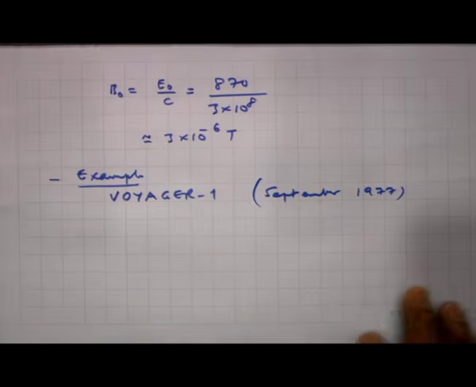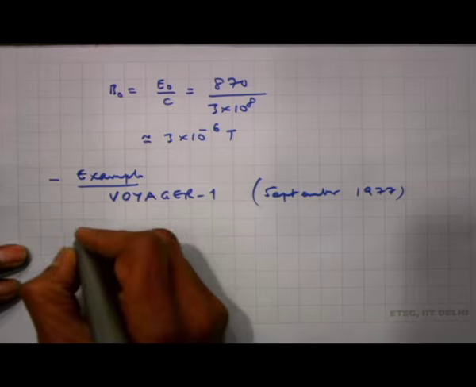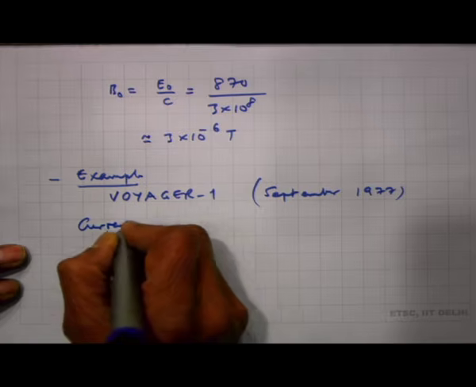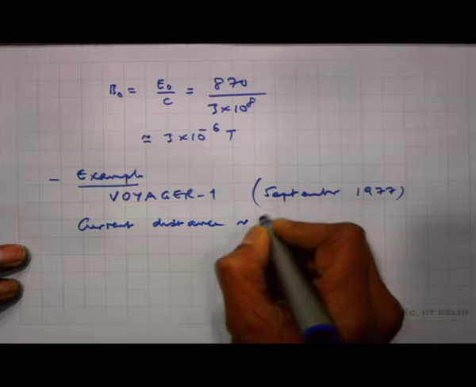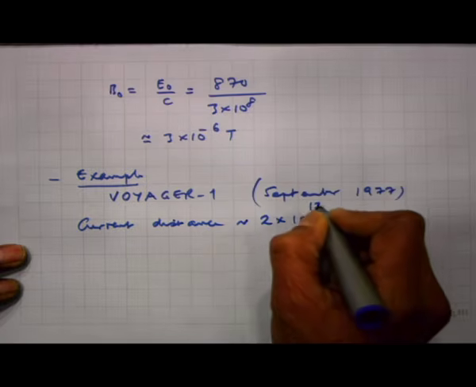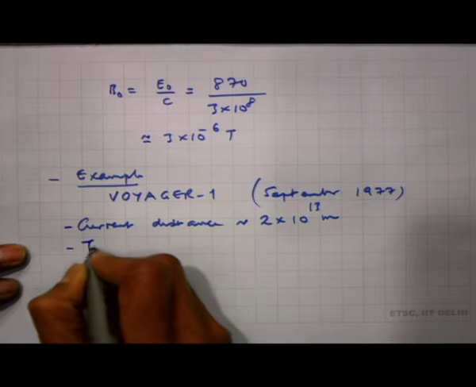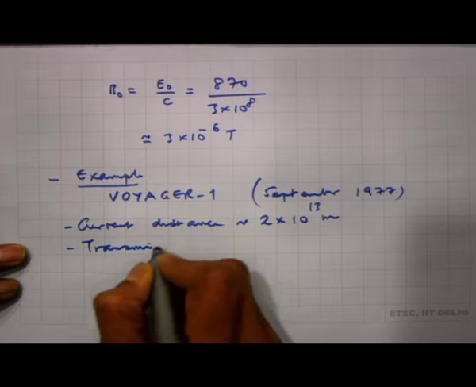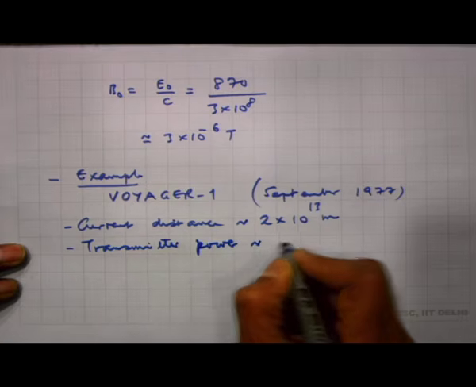It has traveled over the last 30 years or so, and it has left the solar system and is out in space, and the current distance is about 2 into 10 to the power 13 meters, and the transmitter power is about 20 watts.